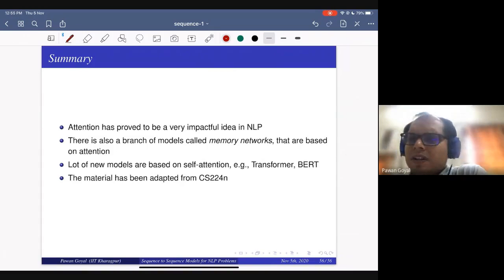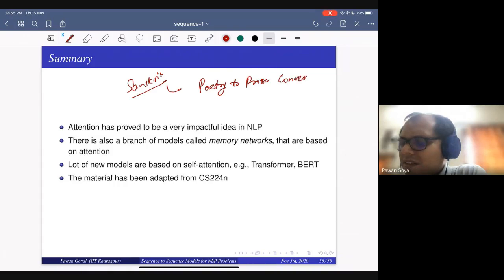In our research, we have used that in many, many applications. For example, when we talk about the Sanskrit language, we have used it for tasks like poetry to prose conversion. In Sanskrit, a lot of data is in poetry, but for easy comprehension, you want to convert that into prose.